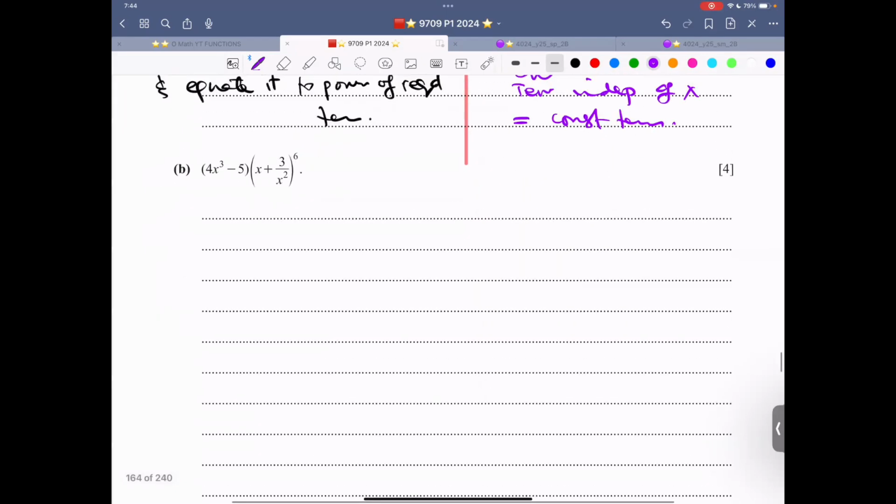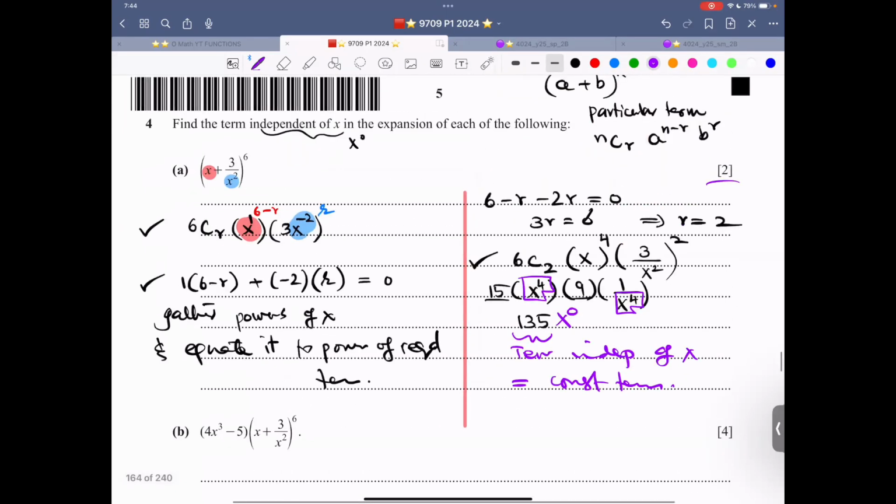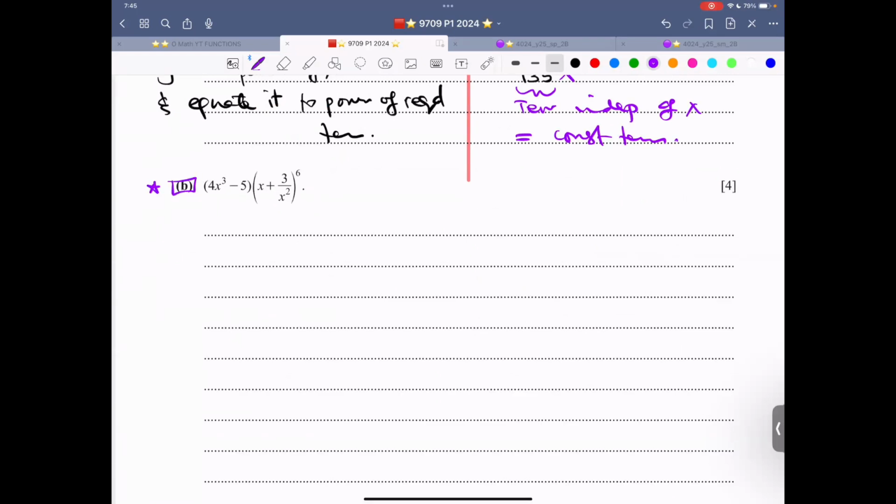Now over here, the same question, independent of x in this thing. Now it's a bit tricky. Now you need something. What do you need? If I have 4x cubed minus 5, and if I want to multiply and I want a term independent of x, that means over here, I should be multiplying with something constant term, and I should be multiplying with something else over x cubed.